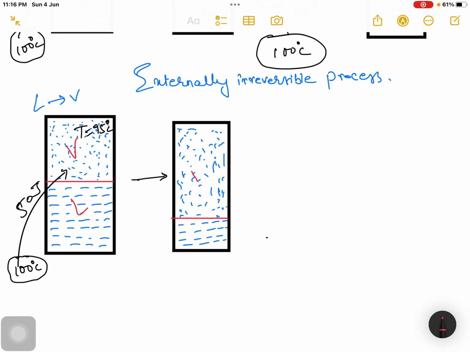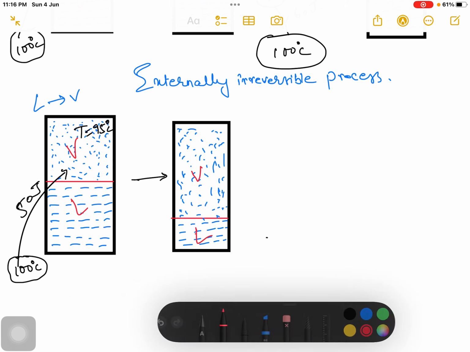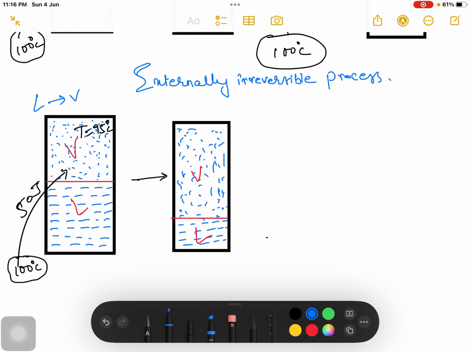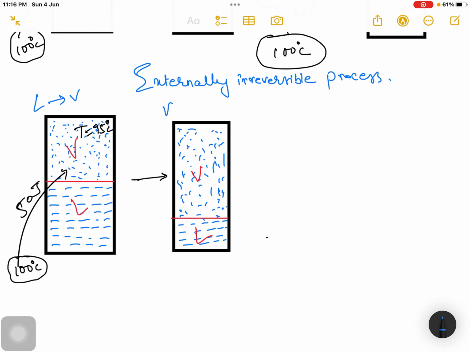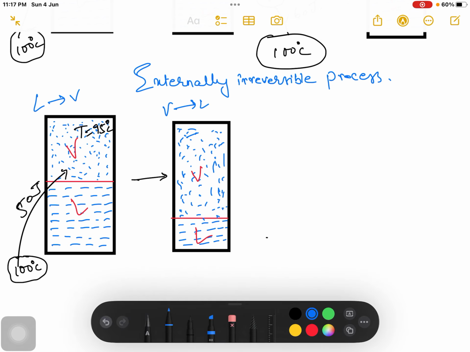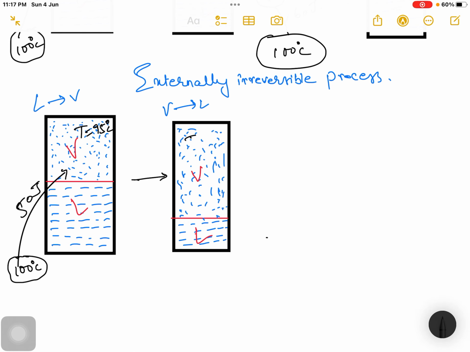Again, I want to convert vapor into liquid. Again, I am using the same refrigerator device, and I am extracting heat. The temperature here is 95 degree centigrade, and the source temperature is 100 degree centigrade.